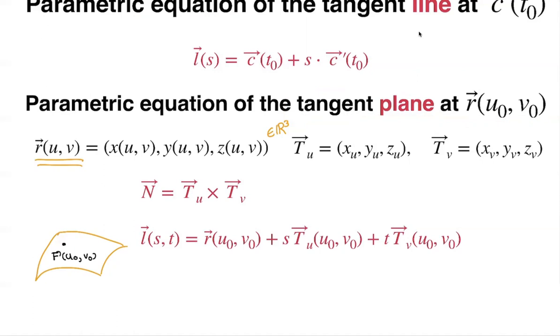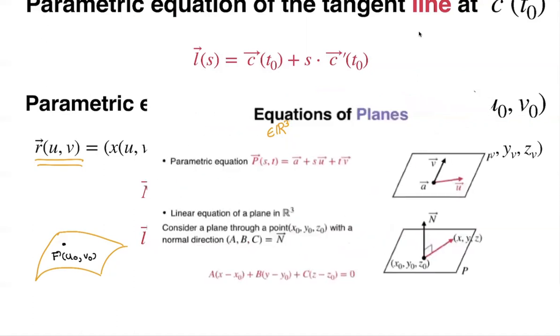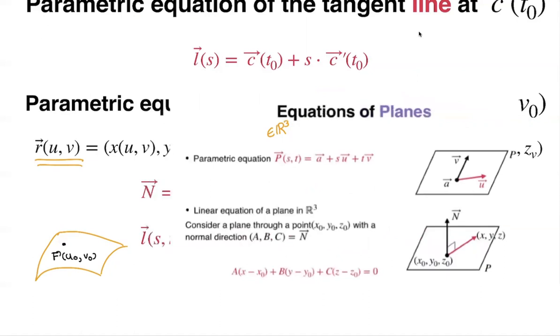To find the equation of planes, let's think about it for a minute. I will copy and paste what I learned before. This is the equation of planes. Actually, there are two types of equations. One is the parametric equation, and the second is the linear equation.